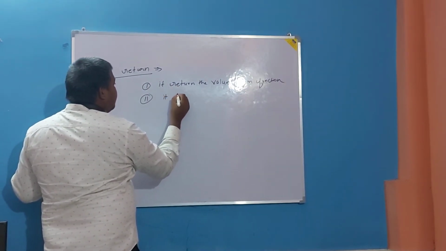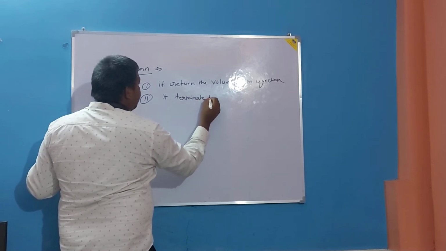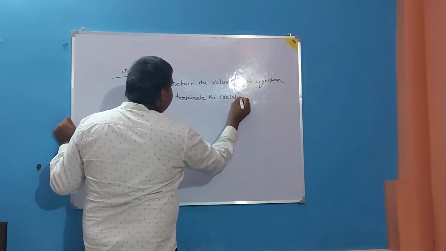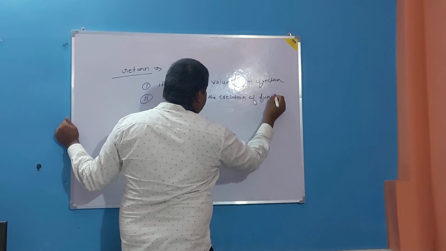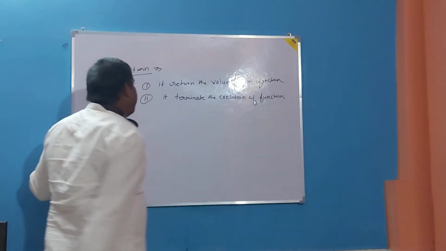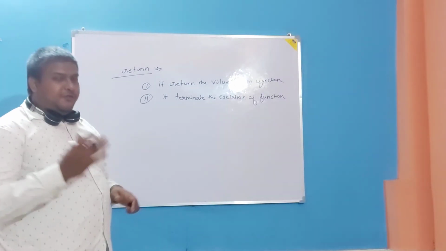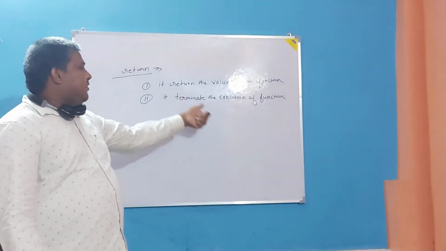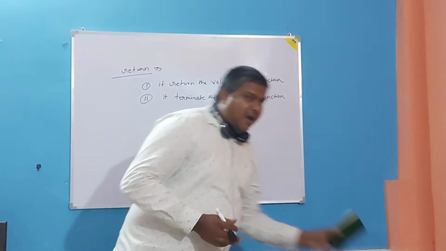It terminates the execution of the function. They are the two uses of the return keyword. First, what is it doing? If the function wants to give some value, we will use return, and if we want, it may terminate. For example, one by one I will show you.